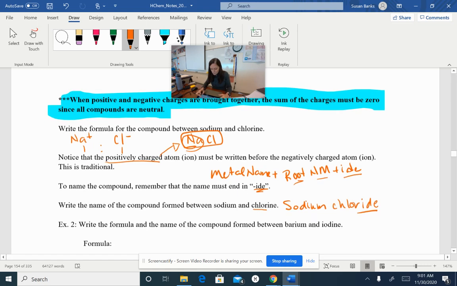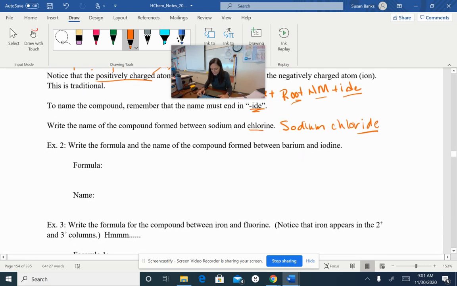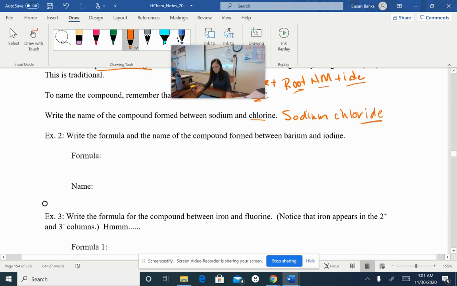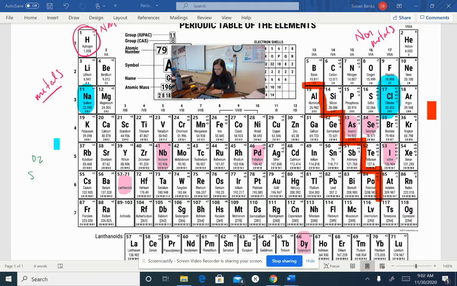Okay? So let's write the formula and the name for the compound between barium and iodine. The first thing that we always have to do, very first thing, we have to determine the charge of those ions, okay, so that we can understand the ratio that we need to write them in, okay? So let's look at barium.